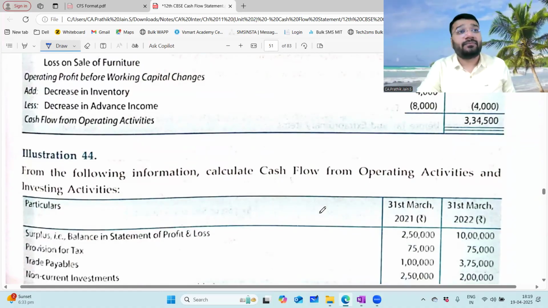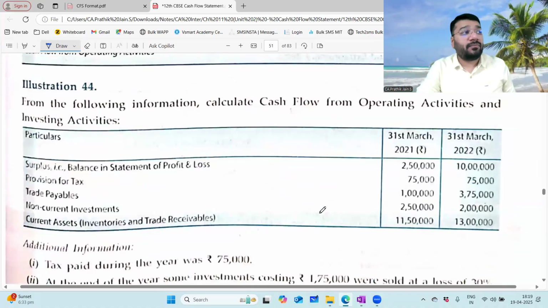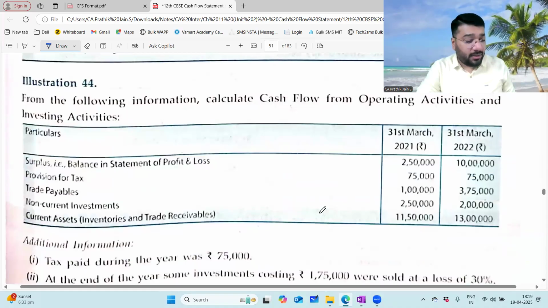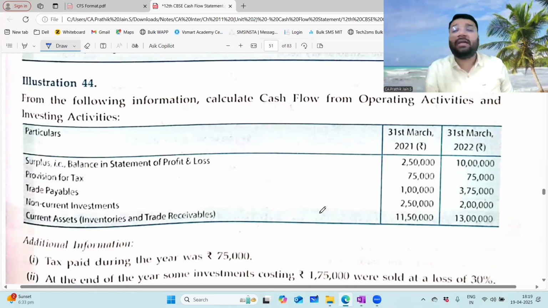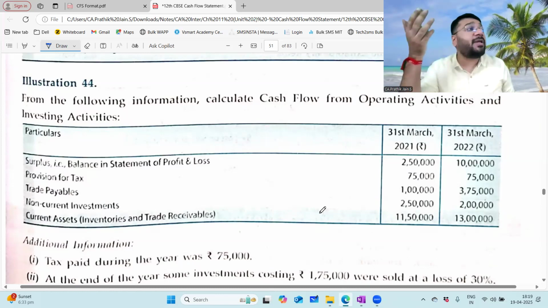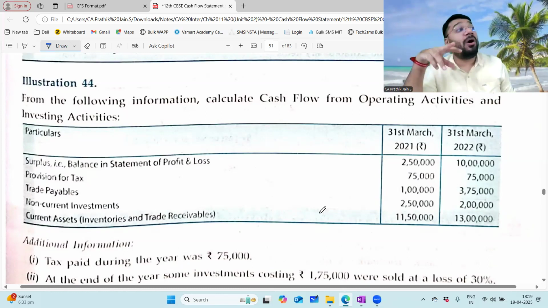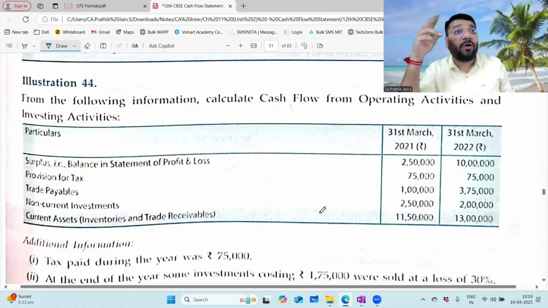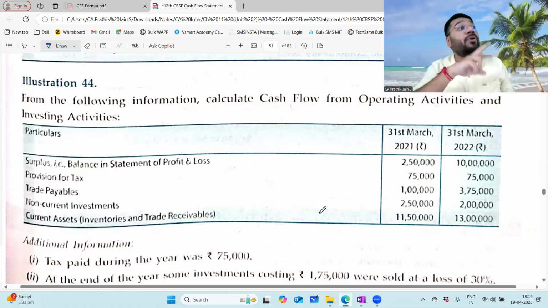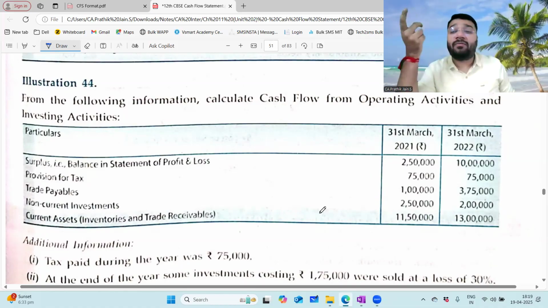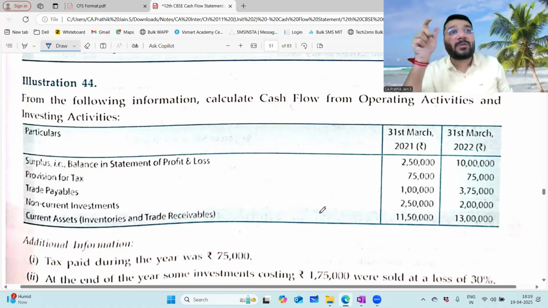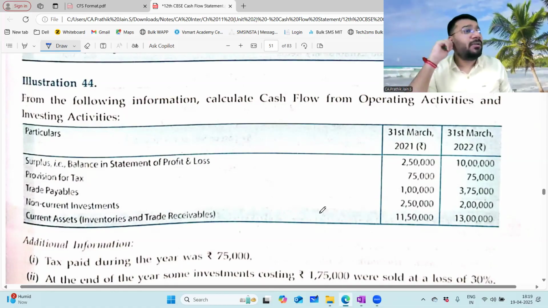Combined with the main question. In your financing activities, there's no adjustment. Basically, they'll give you information on equity share capital raised, by issue for consideration in cash, or bonus issue, or for consideration other than cash. Small adjustments like that we can do directly in the main question also.